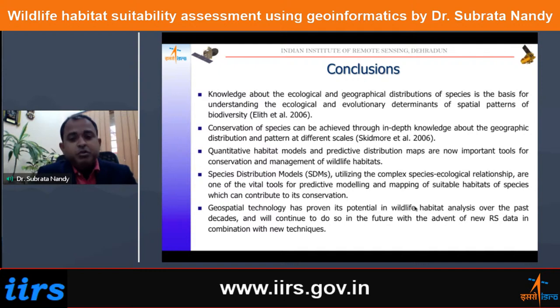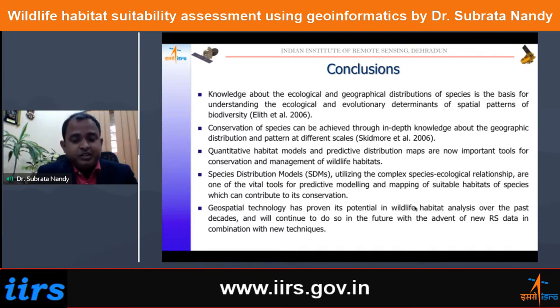Species distribution models using species and ecological relationships are among the most important tools for predictive modeling as well as mapping of suitable habitat of the species. Moreover, the current distribution as well as the future projected distribution can be mapped, which is key for conservation and management of any wildlife species.